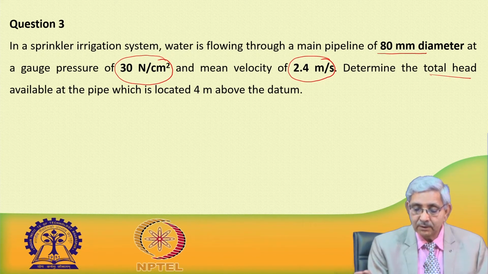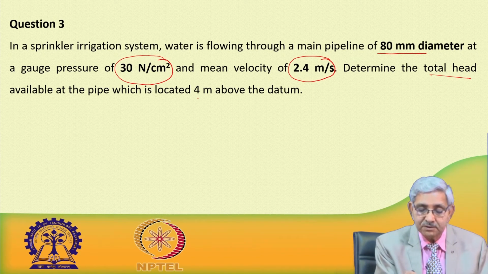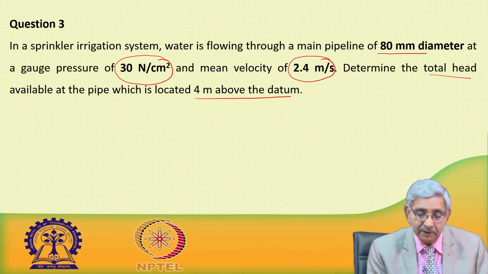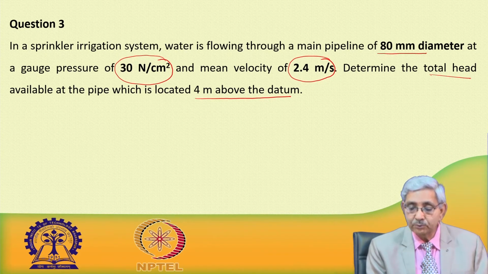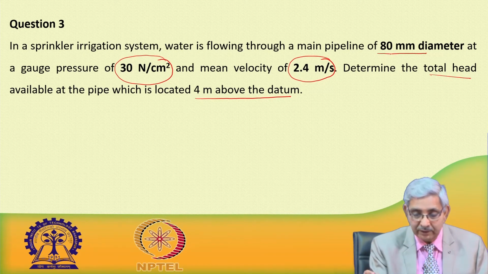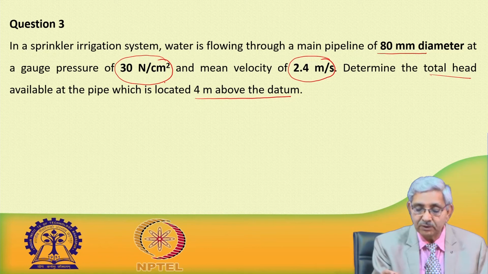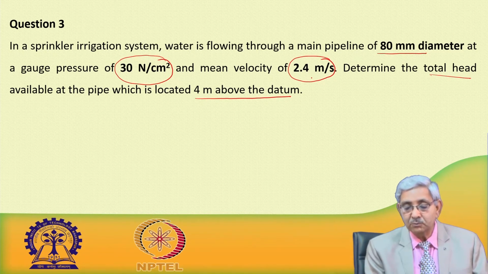We are given again this pipeline is laid in such a way that it is 4 meter above the reference plane or above the datum. So, we are given the diameter of the pipeline, the available pressure, and the velocity of flow.